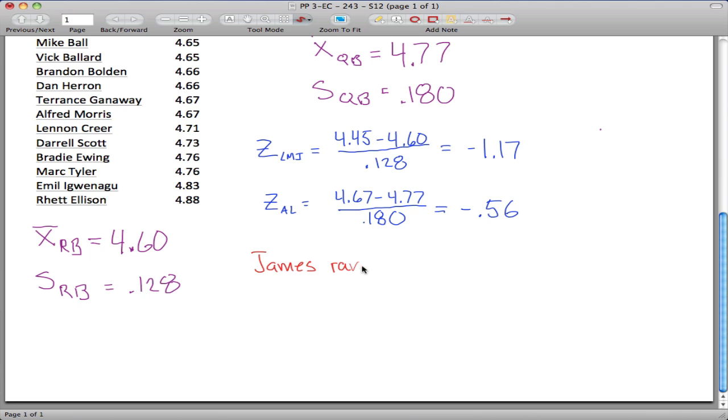James ran 1.17 standard deviations faster than the average running back.